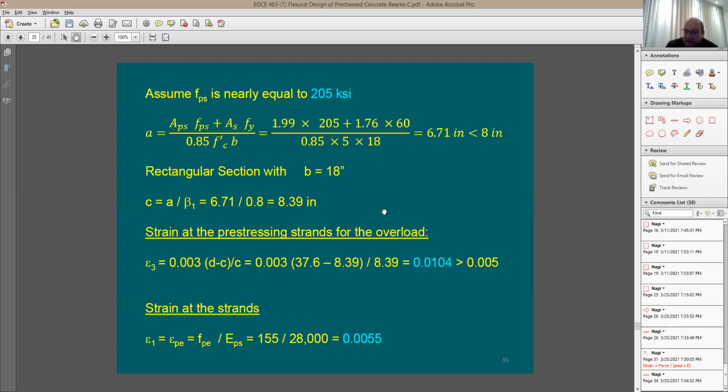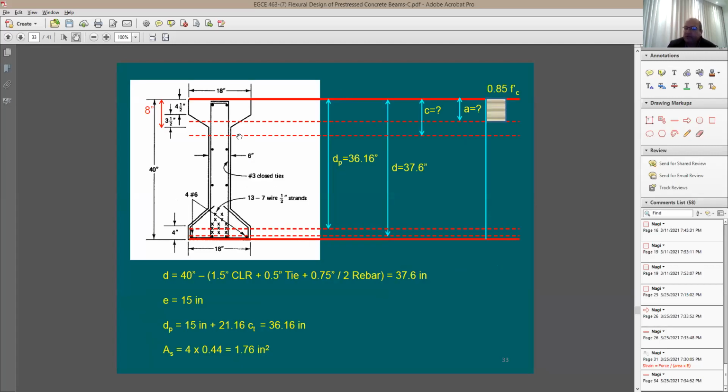Now the question is, are we satisfied with this, or do we need to treat it as a T-beam? This is going to be the question, right? If we assume that you're going to have here a smaller width, would that result in a higher or lower A?